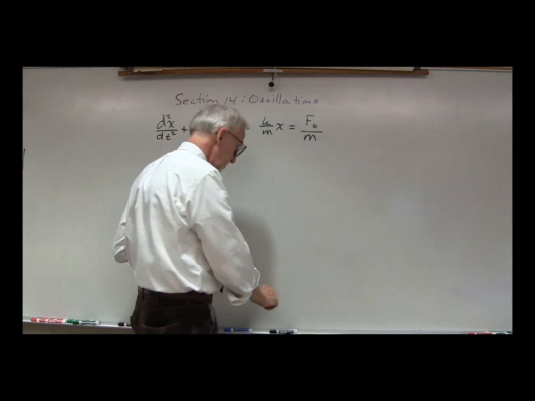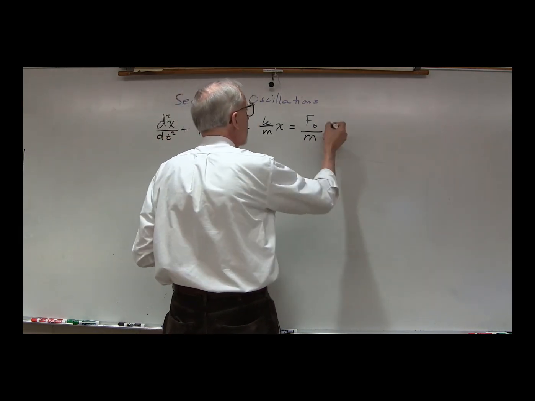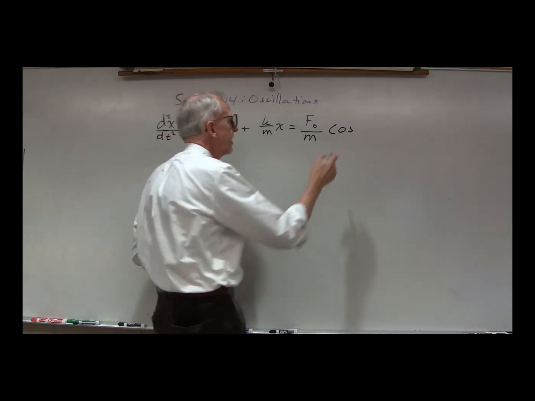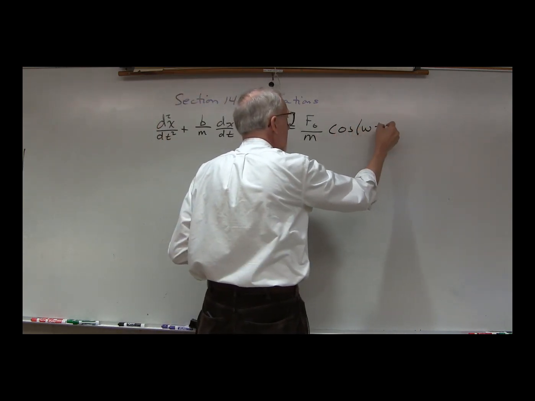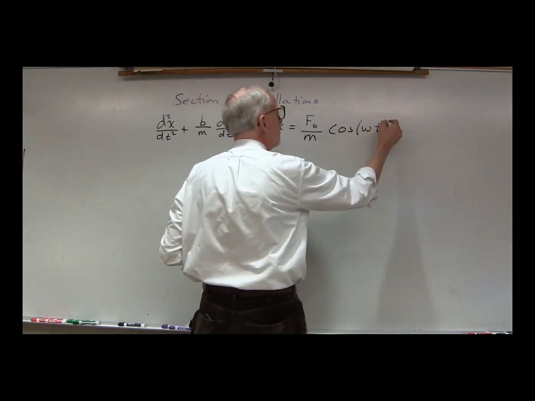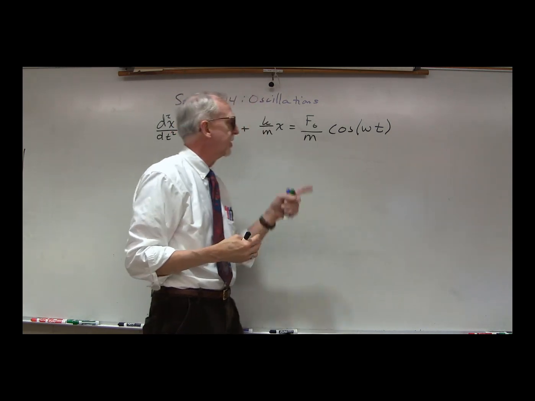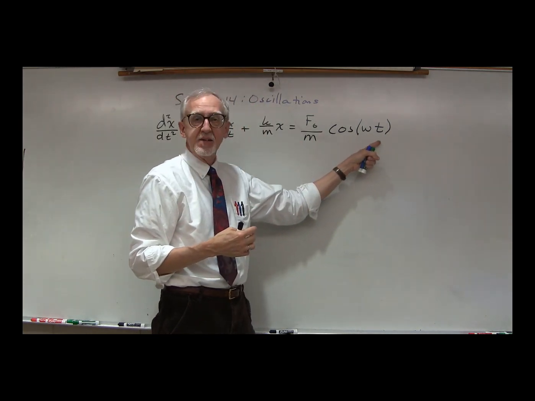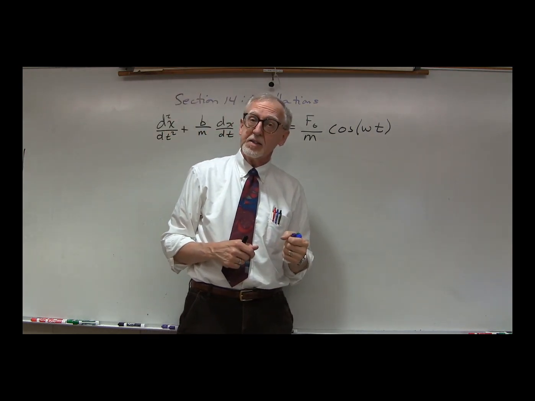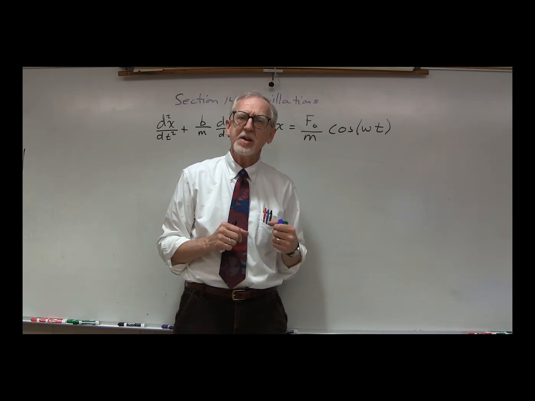To have something that's going to look like f naught over m times some kind of cosine dependence. So let's put it in at some frequency, omega t, and that will give us the time dependence. There we go. So we'll assume that we have some forcing function, f naught cos omega t, and then we divide by m, and then solve it like this. Well, what's the solution of that going to look like? I'll put it down, and we'll take a look at it.